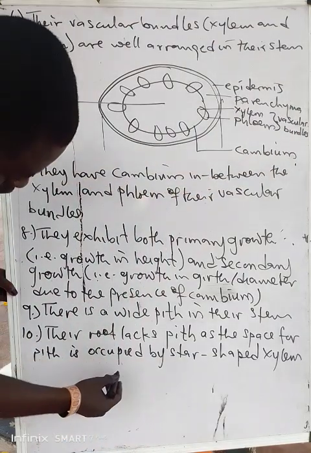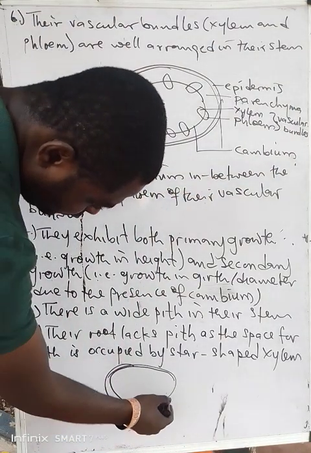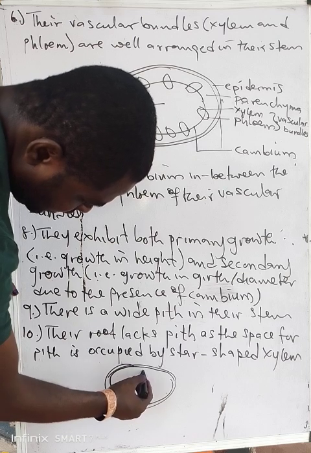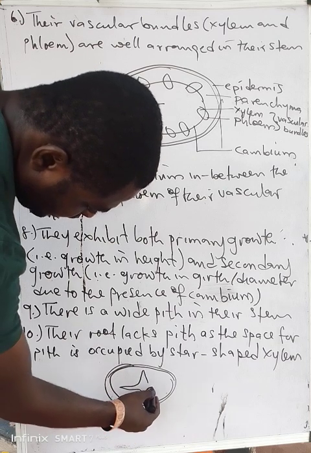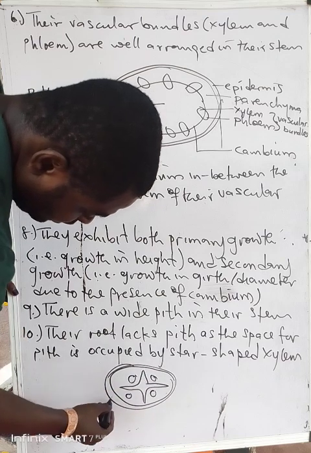So this is their root. You have something like xylem, like a star. So you now have something like this. This is the root here.